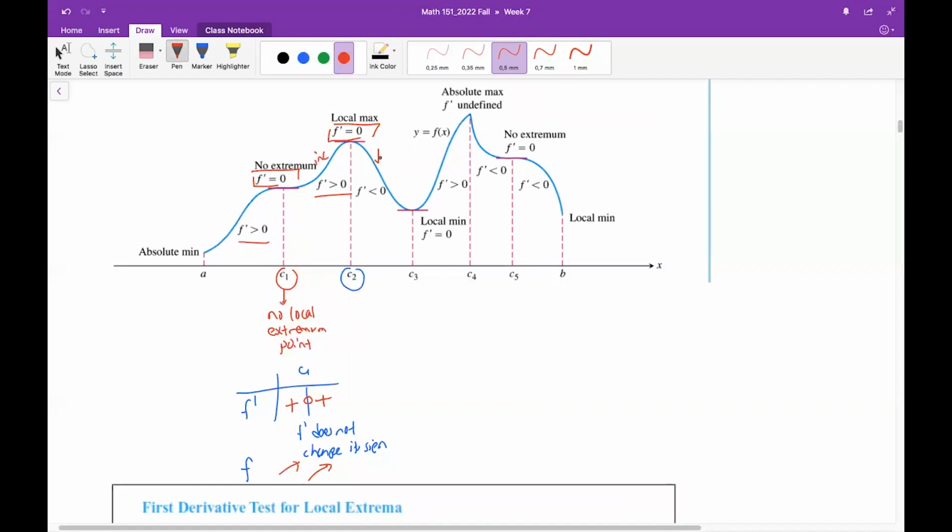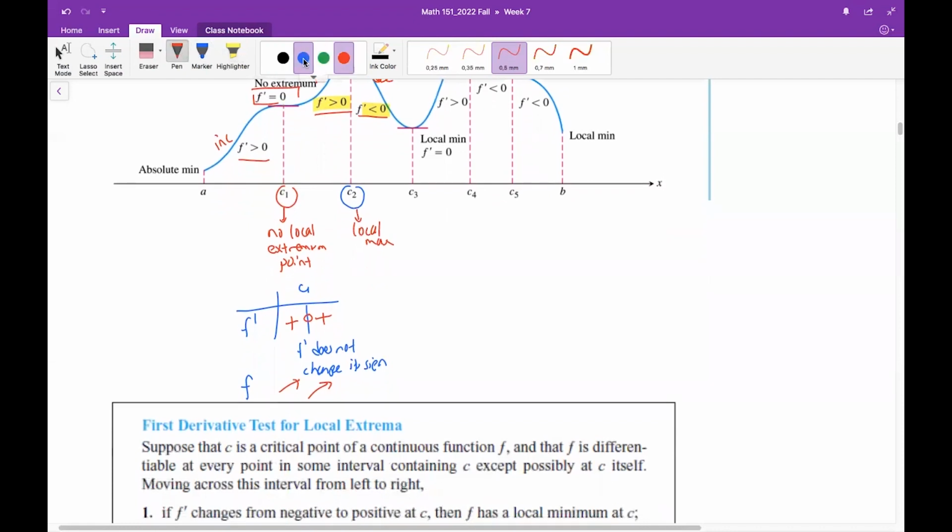Here it is increasing. Here you have decreasing function. That's why at C2, you have such a local maximum point, okay? At this extremum point, which is a local max, you see that first derivative changes its sign. Whenever first derivative changes its sign, you will have local max or local min. If it does not change the sign, which is the case at C1, there will be no extremum points there.